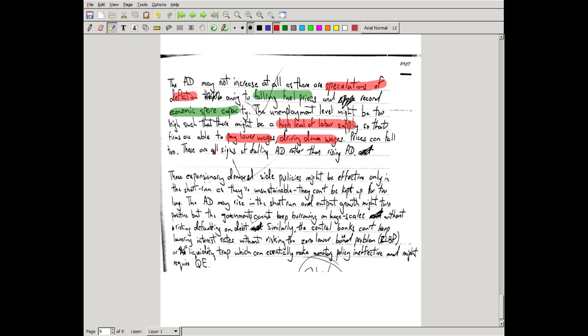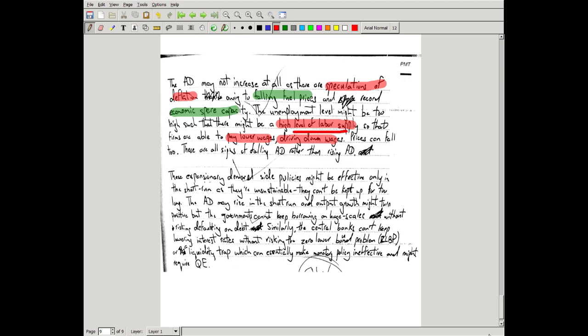Okay, so all this is evaluation again. So I said there's probably 3 analysis marks and 1 application mark, or probably 2 analysis marks. One was over here: aggregate demand may not increase, or speculations of deflation. That's one analysis. Unemployment level might be too high, high level of labor supply. That's the second analysis.